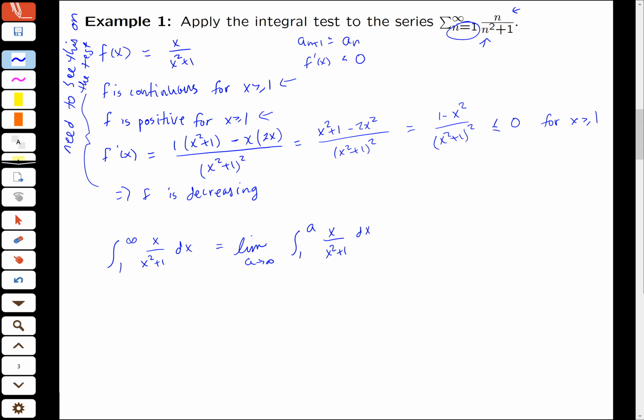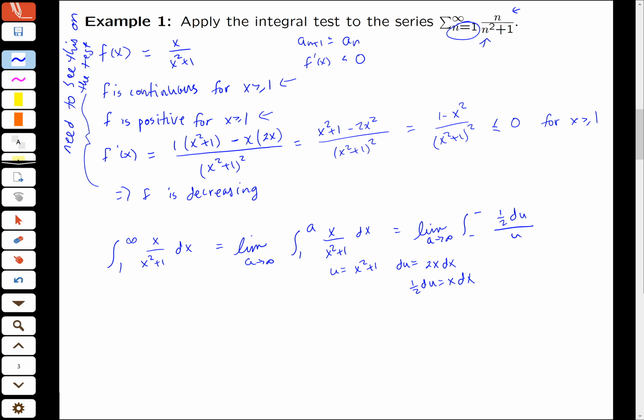So I heard u substitution. We're going to make u be equal to x squared plus 1. What is du equal to? 2x dx. So 1/2 du is equal to x dx. Plug this in. I'm going to leave off the endpoints of integration right now because it's in terms of u, and I'm too lazy to change them to u.